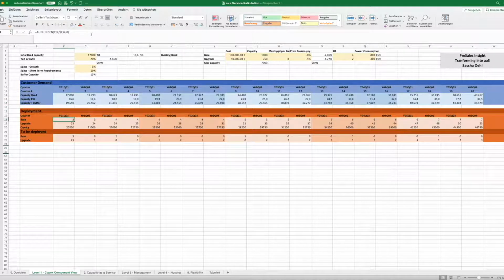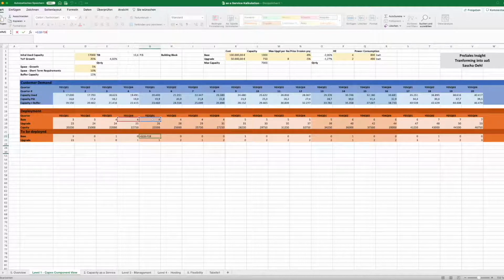For our financial calculation, it is important to understand how many base and upgrade blocks we are deploying in each quarter. You can see here basically the numbers where we figure out what is the number of blocks that we need to make the growth.